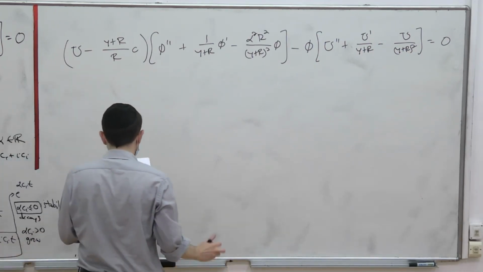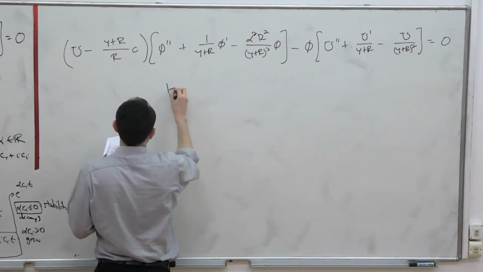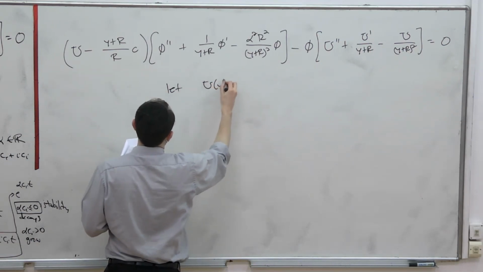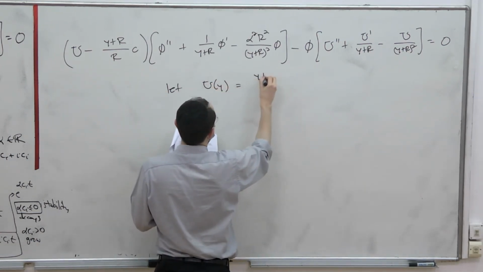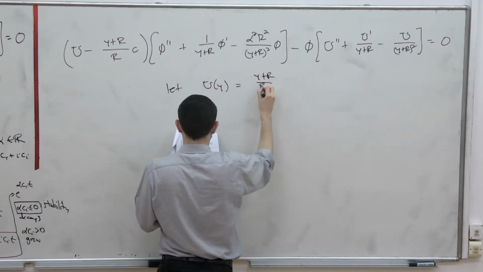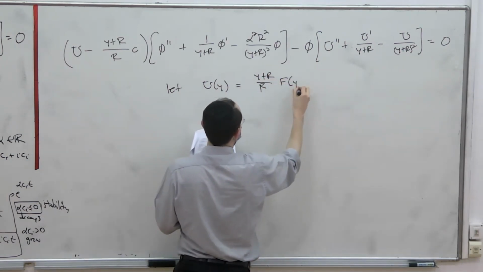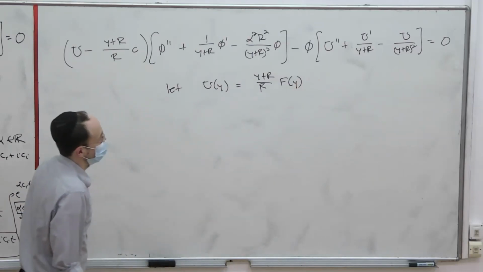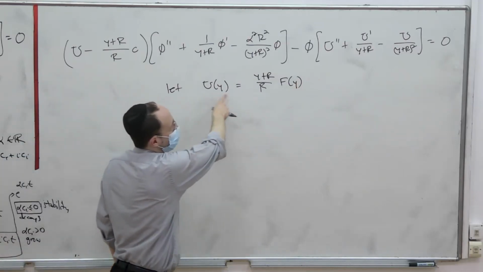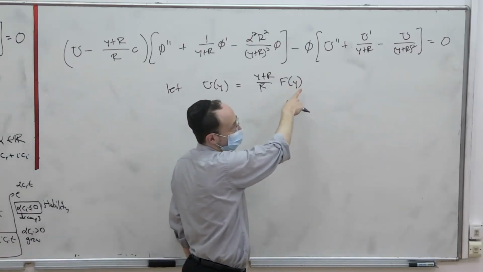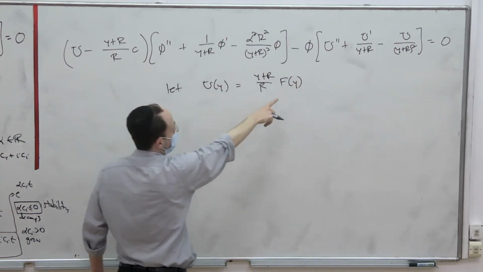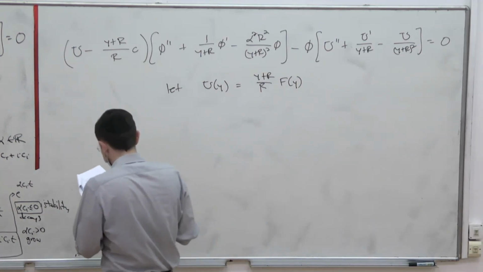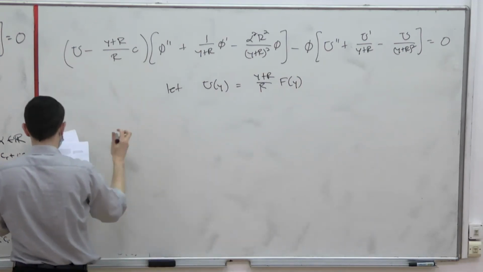So we'll do a little bit of renaming like we've done many times before. We'll let our velocity profile for the base flow, u, equal y plus r over r times some function f. So instead of having everything in terms of u, we'll have a new velocity profile f. This will be a rescaled version of u. It's going to make our math a little easier.